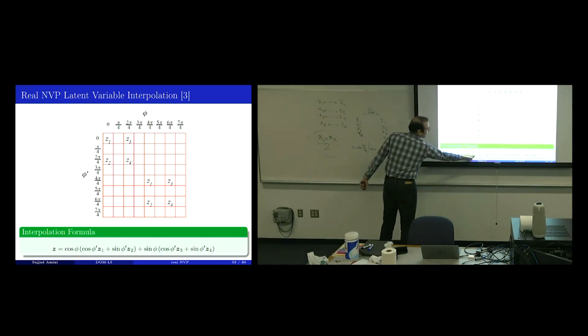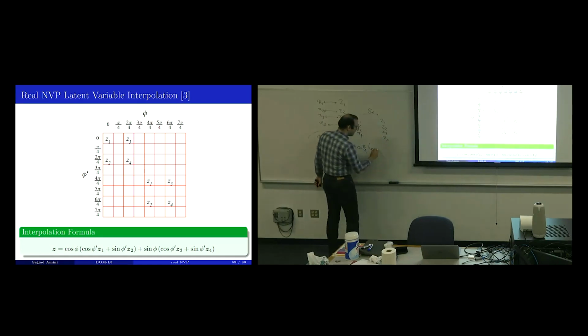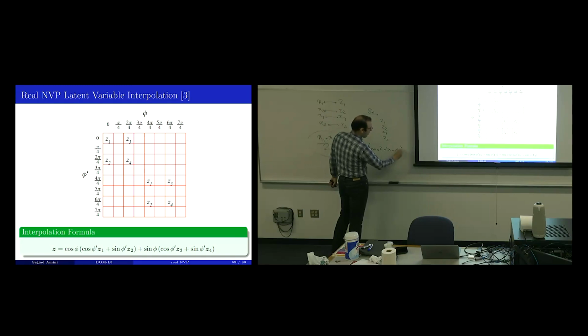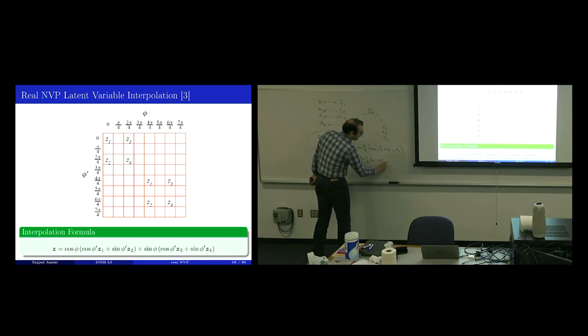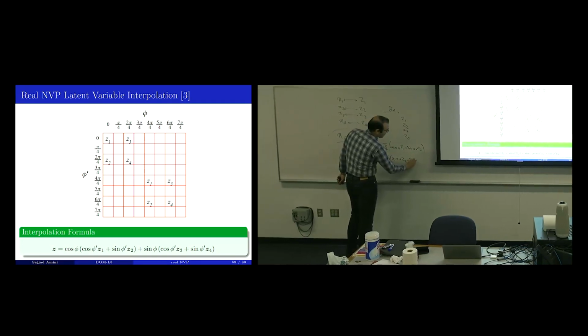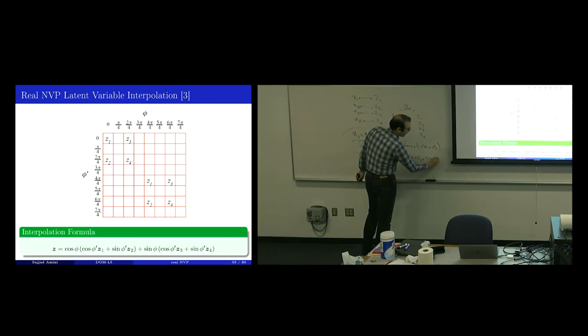Okay? Cosine of 0 times z1 plus sine of 0 times z2 plus sine of pi over 4 times cosine of 0 times z3 plus sine of 0 times z4.